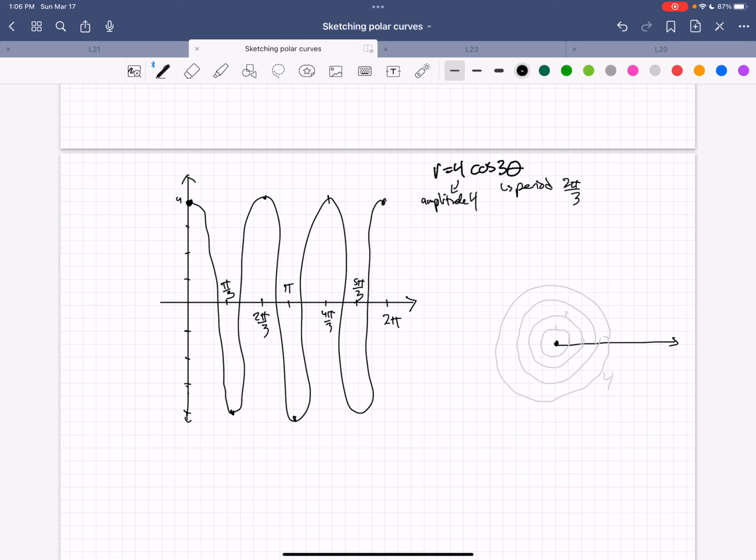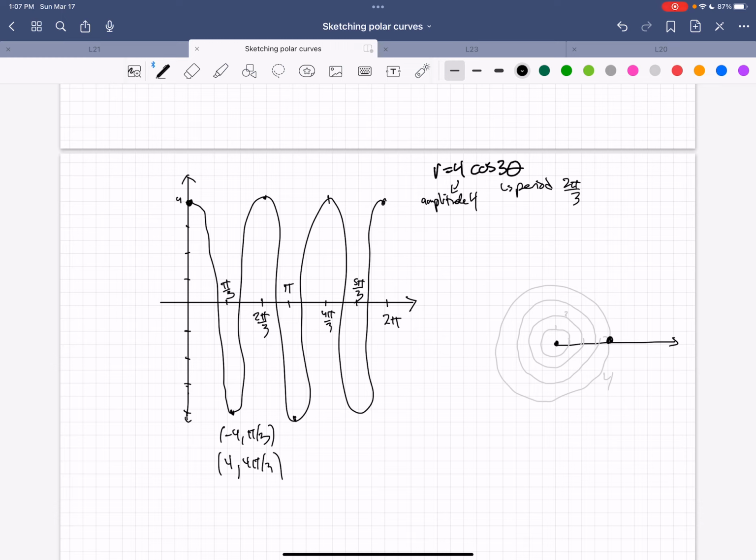Then, okay, we've got this here. Then at pi over 3, we'll get the point negative 4 at pi over 3, which is equivalent to radius 4 at the angle 4 pi over 3.